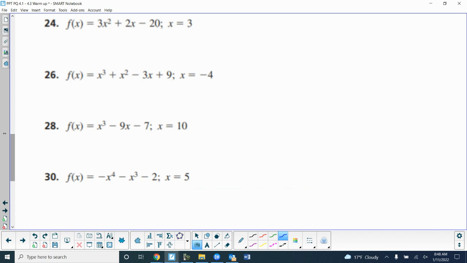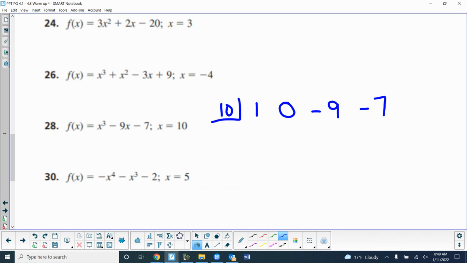We had questions on those. All right, so remember, it says for 28, x is 10. And then we have a 1 for the x cubed. There's no x squared. Negative 9 for the x.